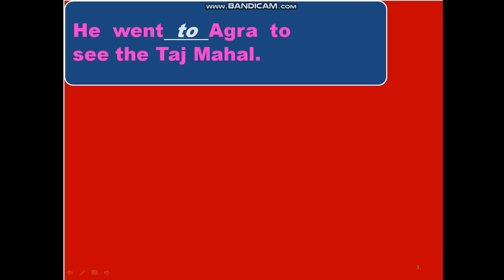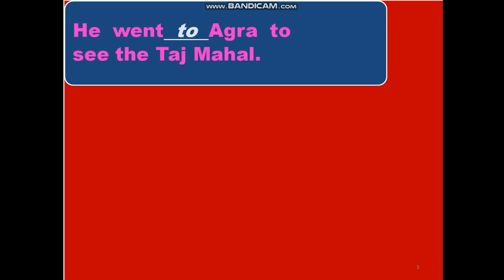He went to Agra. Then what did we do? We omitted he wanted. We left he wanted and we just took to see the Taj Mahal. He went to Agra to see the Taj Mahal. This is one method of combining the two sentences into one.